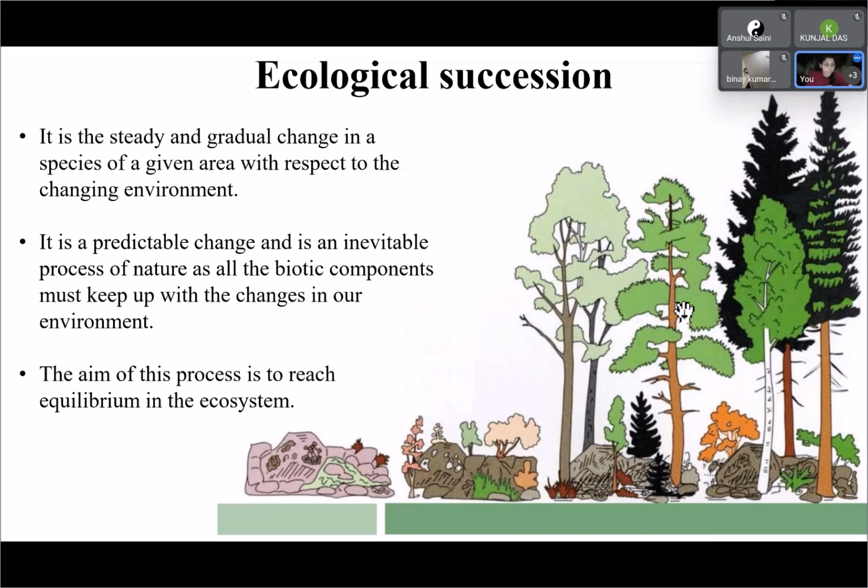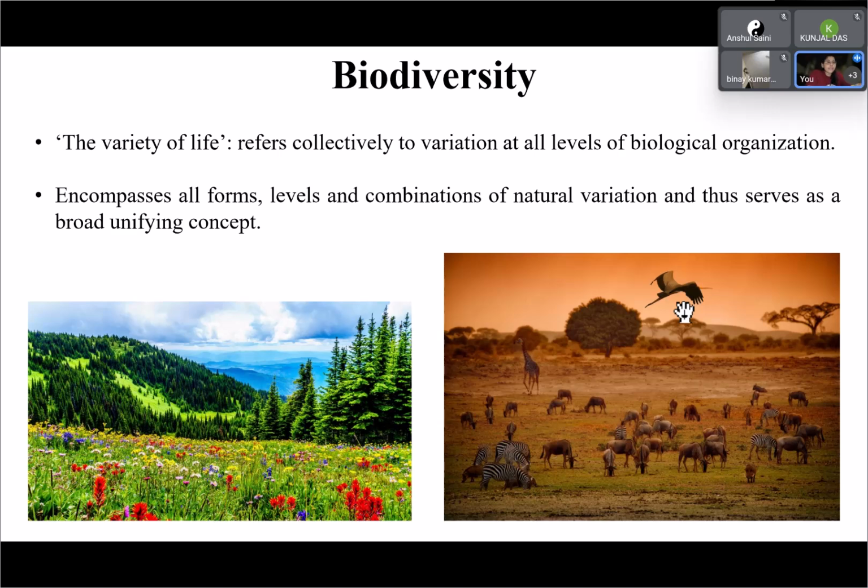Third, we looked into the different places where we are looking into ecological succession. So we can look into ecological succession in water, on land, in harsh conditions, in marshy land. And then we looked into how these changes are brought about.